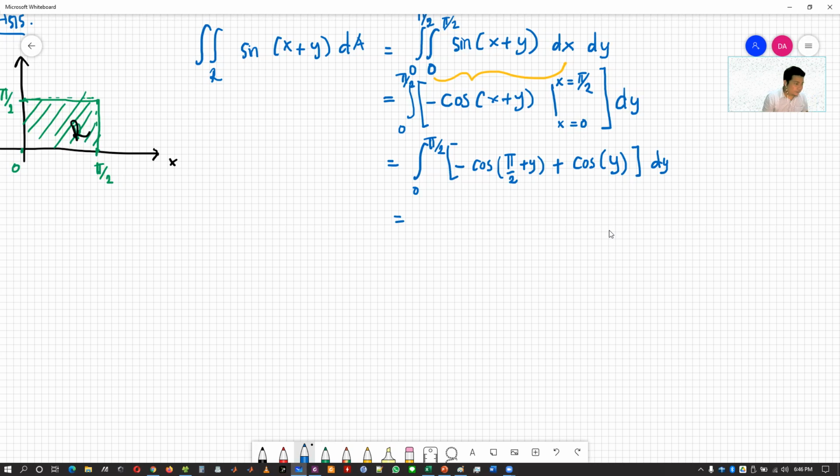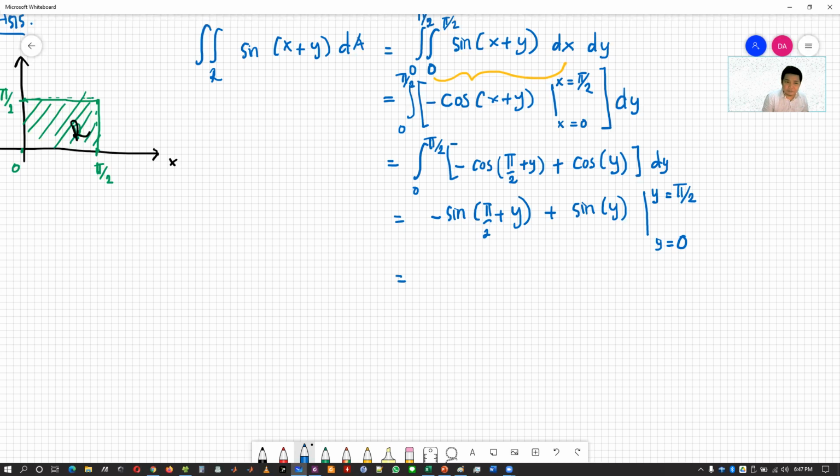The integral of cosine is sine, so sine of pi over 2 plus y, and then this becomes plus sine of y, and the boundary for y is from 0 until pi over 2.